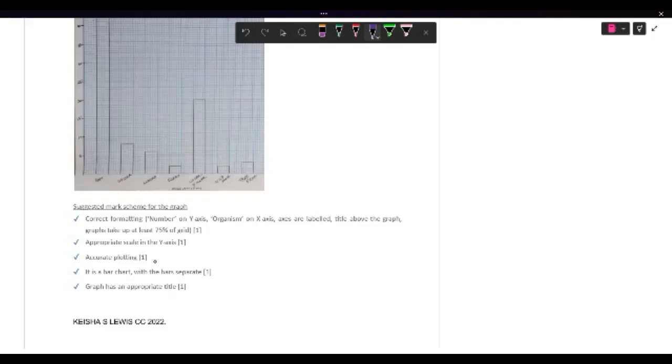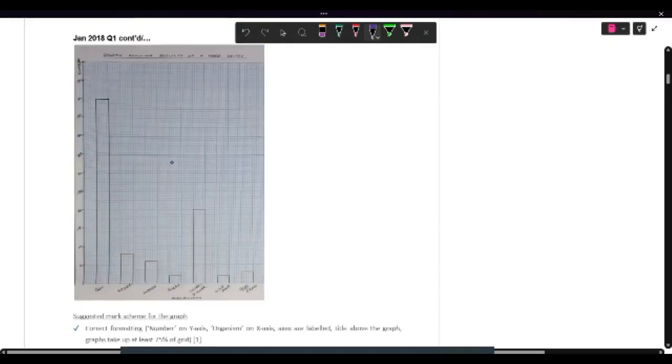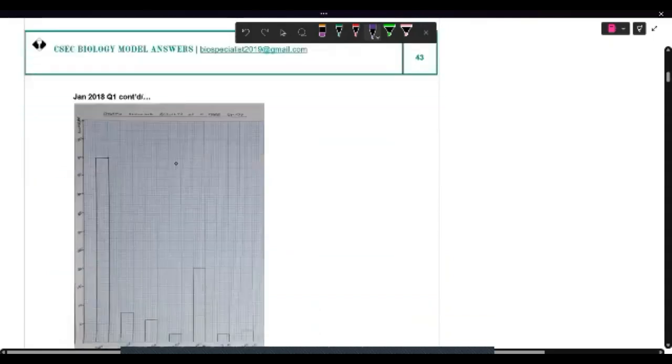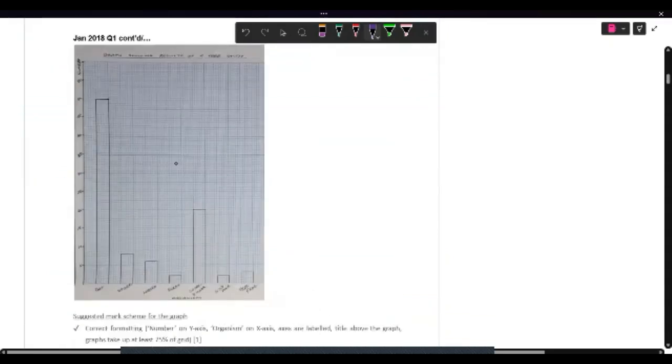Appropriate scale on the y-axis, accurate plotting. Notice that the bars are not drawn in ascending or descending order. They are added in the order that they were in the table. All right, so that is something that you should make sure to do.